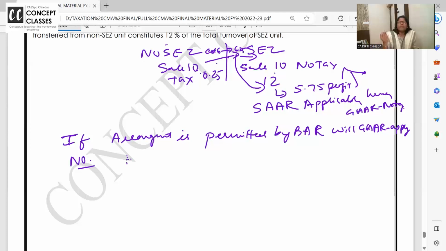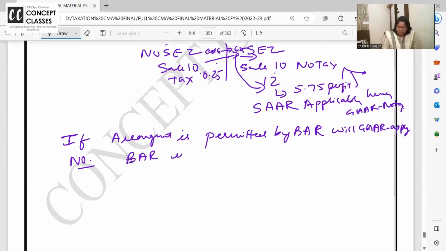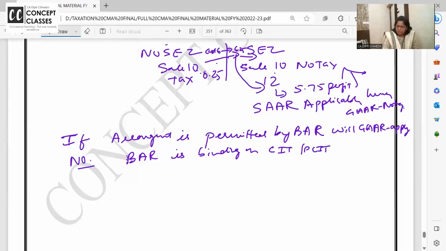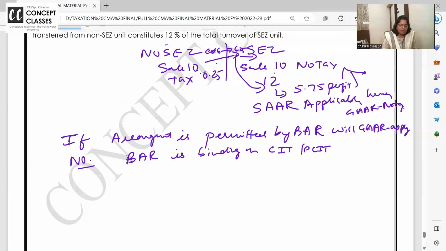बोर्ड ऑफ एडवांस रूलिंग मतलब कौन है? ऑलरेडी कमिश्नर लेवल के टॉप अथॉरिटी पीपल्स, PCIT, CIT, they form a board and do. So whatever regulations BAR gives is binding on Commissioners of Income Tax, Principal Commissioner, because it's the higher authority. BAR is binding.